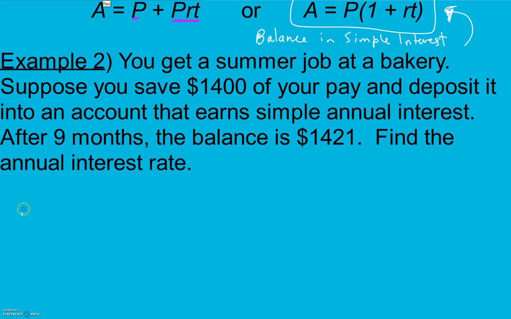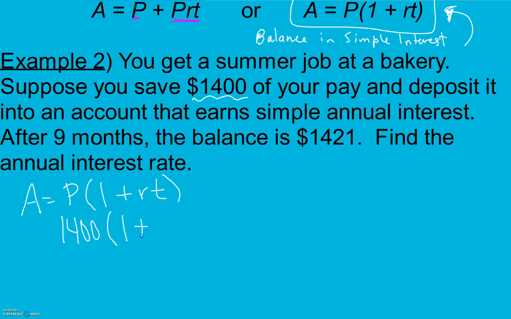So again, our formula here, A equals principal times 100% of our principal, or 1, plus rate times time. We saved $1,400. That's originally our principal. The 1 always stays. Our rate is what we're looking for. Our time is 9 months.